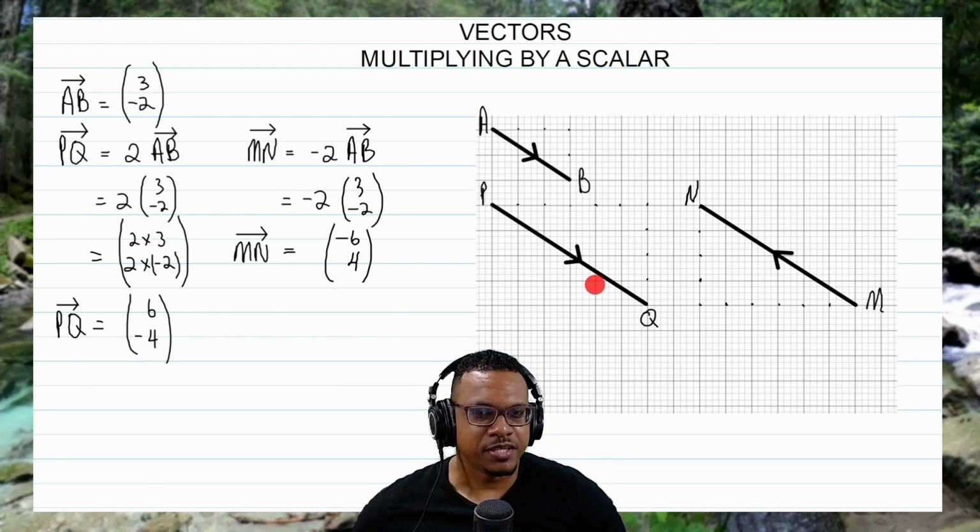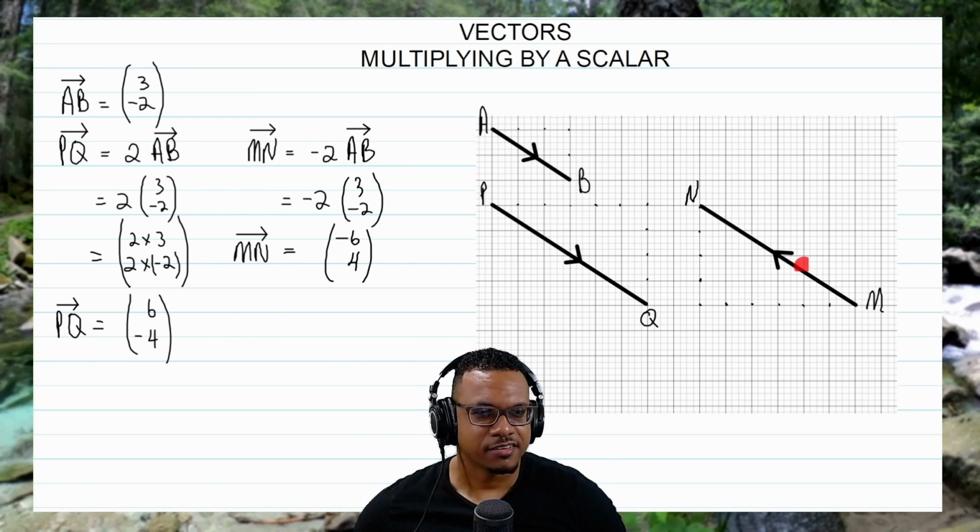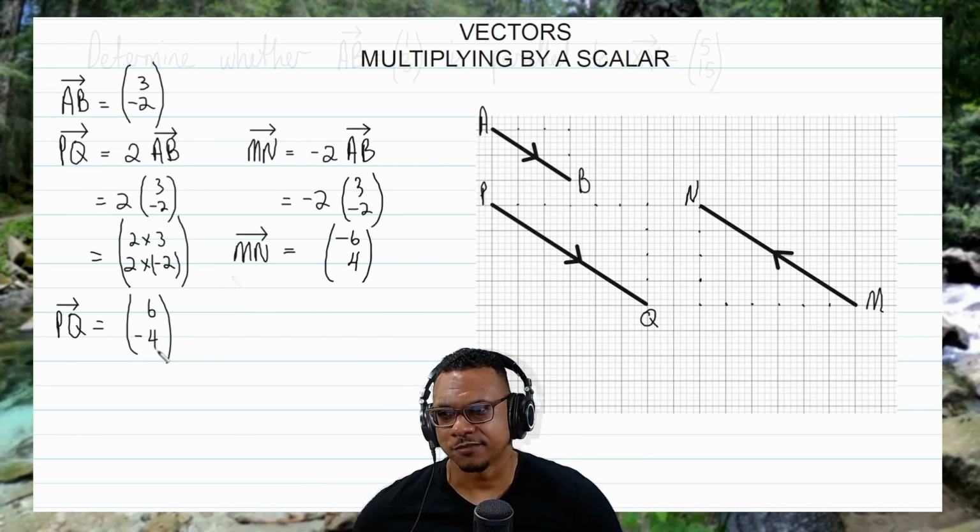Now MN and PQ have the same magnitude because MN is negative 2 times AB and PQ was 2 times AB, so they both have the same length, which is the same magnitude, but they have opposite directions, and that's because of the negative scalar.